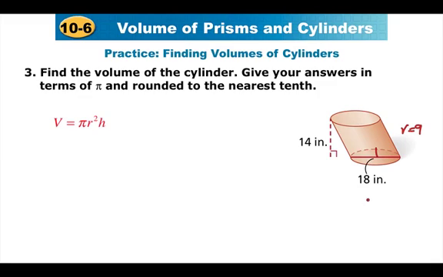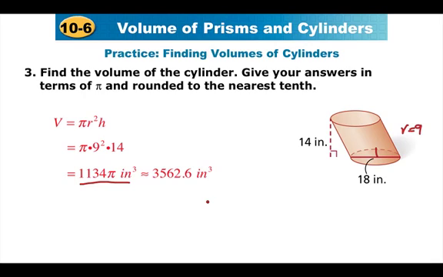We don't use 18. So that's why you see 9 squared times 14 times pi. If you leave it in terms of pi, this is what you get: 1,134 pi cubic inches. If you round to the nearest tenth, you have to use the pi that is built into the calculator, or use 3.14, and this is what you get.